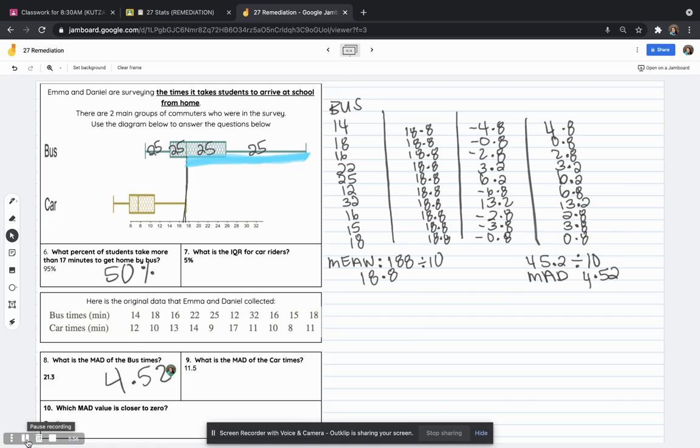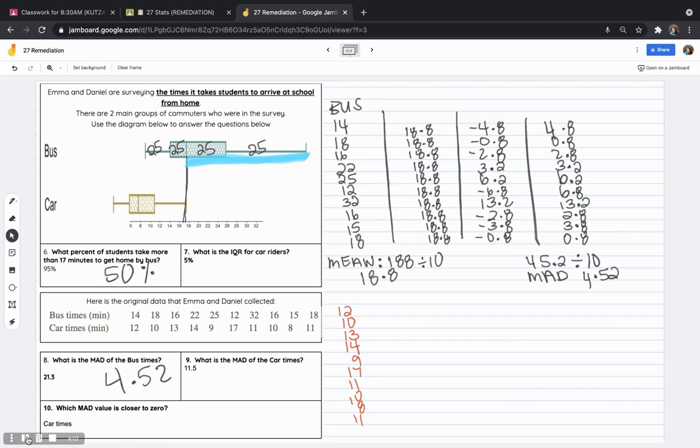All right, I'm going to do the same thing for number 9. So I'm going to start with listing the numbers out. All right, so when I add all of those up, I get 115. And then I divide that by 10 because there's 10 numbers. That will give us a mean of 11.5. So that is going to be my entire second column. All right, now in the third column, I take my first number and I subtract the mean.